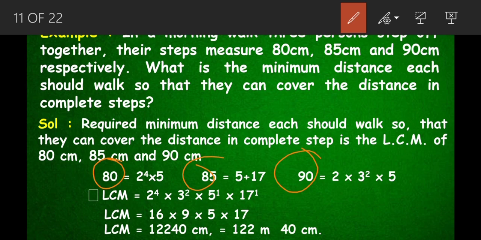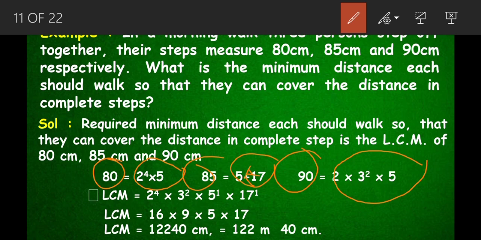So 80 can be written as 2 power 4 into 5. 85 can be written as 5 into 17. 90 can be written as 2 into 3 square into 5.